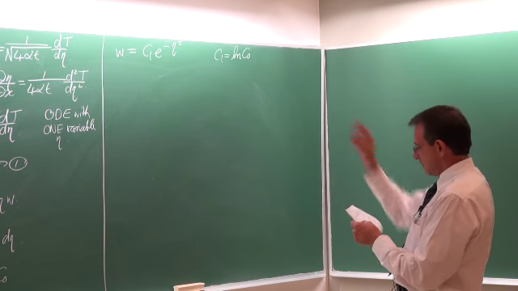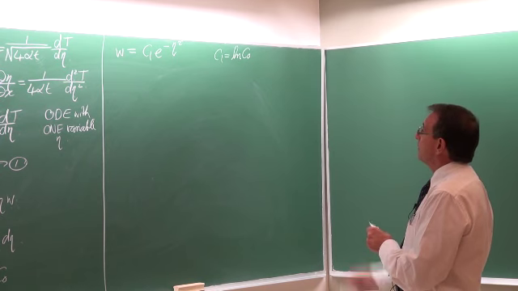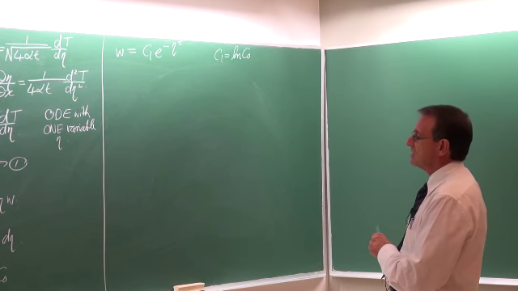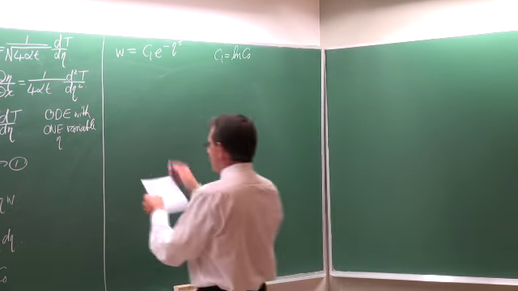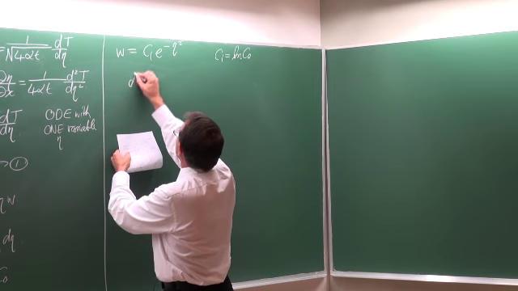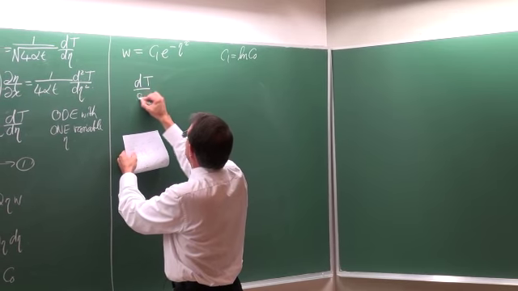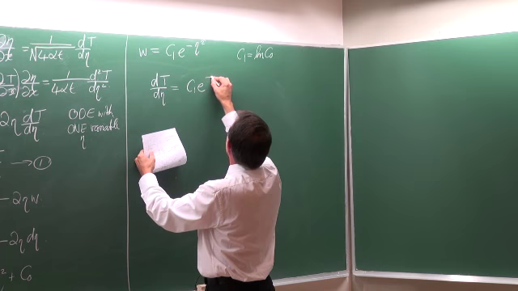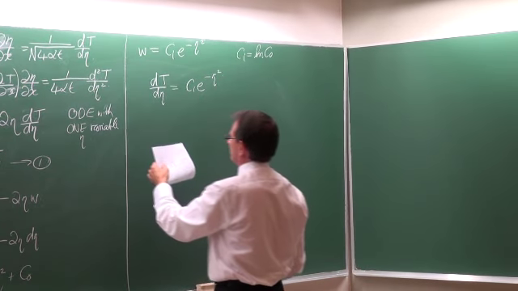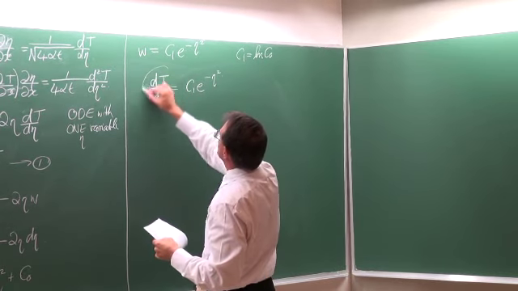Okay, now let's do a little bit of back substituting by taking W is equal to dT/dη and integrating. Then we can say that dT/dη is equal to C1 e to the minus η². Where does this come from?